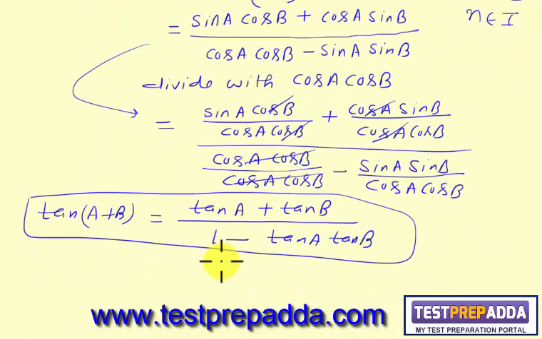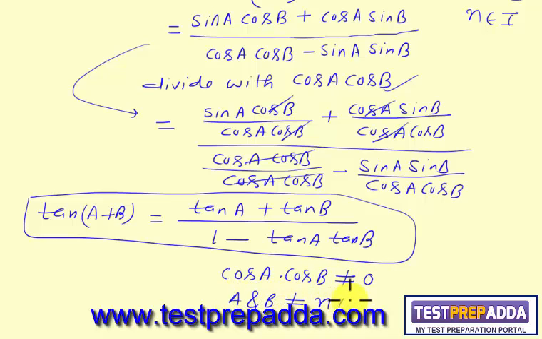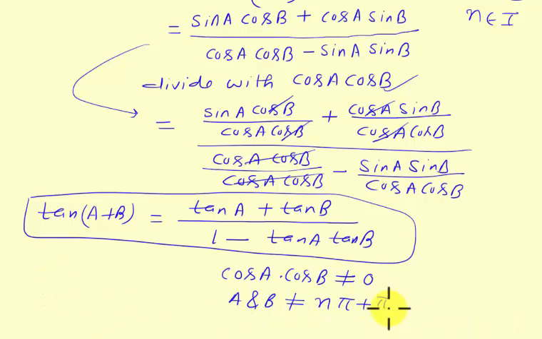Now we have divided here with cos A cos B, so this also cannot be 0. So cos A into cos B should not be equal to 0, which means A and B both should not be n pi plus pi by 2, where n belongs to integers.